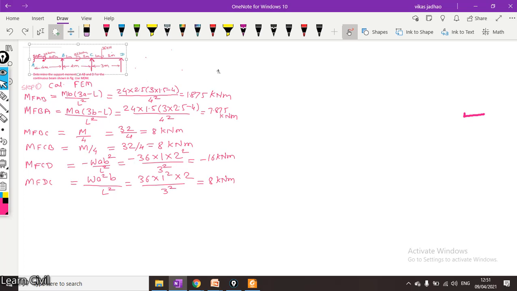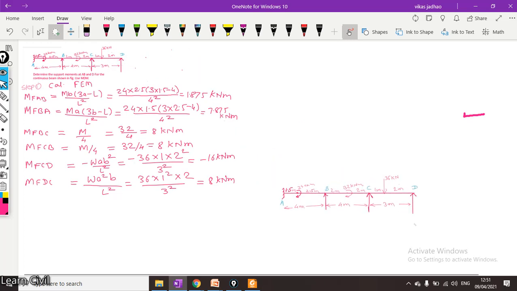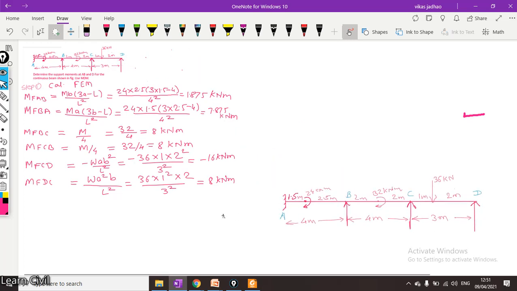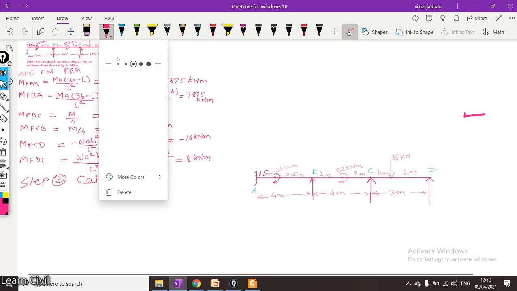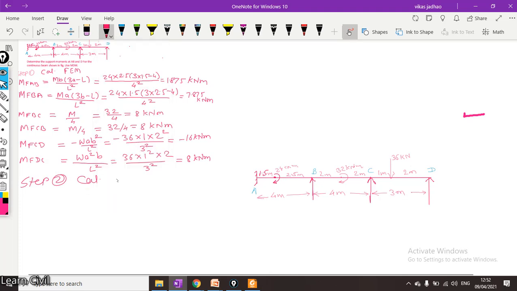So we have to calculate the distribution factor. For calculating the distribution factor, consider step number 2, calculate distribution factor.